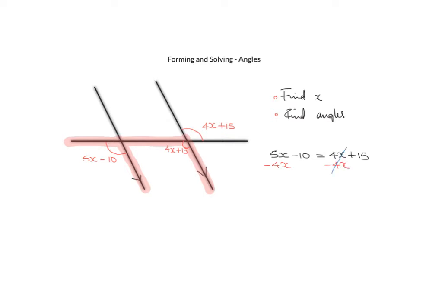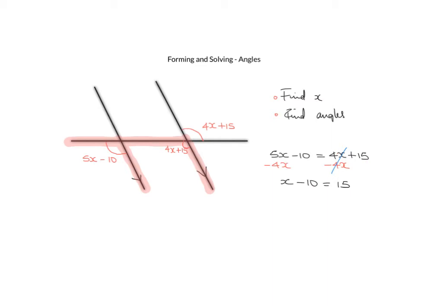That means that this cancels out to be 0, and 5x take away 4x is 1x, or just x. So now I've got x minus 10 over there and 15 left over here. I've still got that take away 10, this is gone, and I've still got that 15 here.